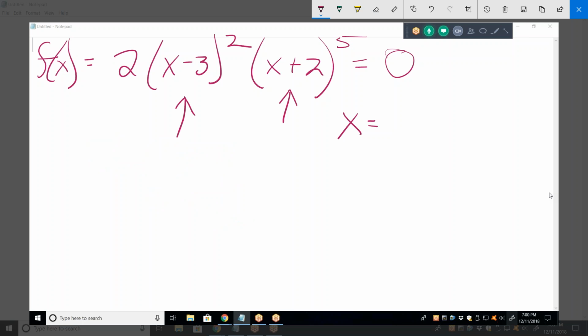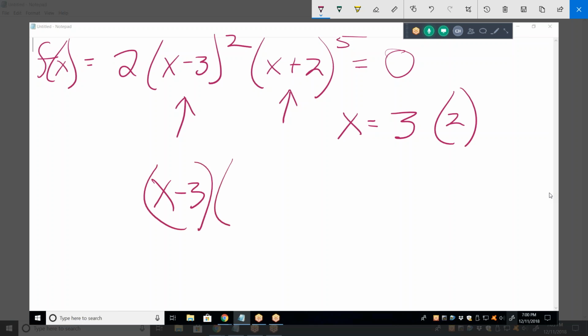Okay, so one answer is x equals 3. How many solutions are there that x equals 3? 1. Actually 2. That has multiplicity of 2. The reason is that I could have just as easily written this as x minus 3 times x minus 3. There's a solution of 3 there, and a solution of 3 there.